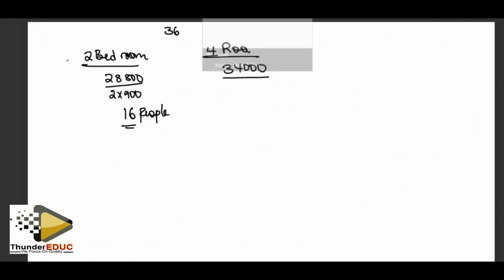So we need to find out how much. So we shall say 2 times 850. Do that for me. They are 20. So in 4 bedroom, we have 20 people.